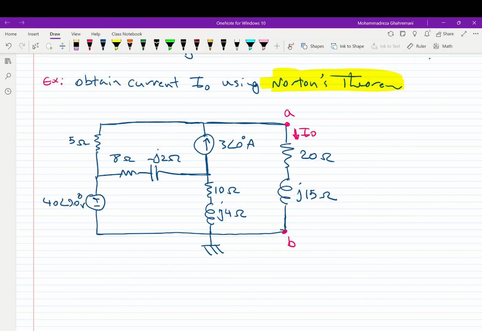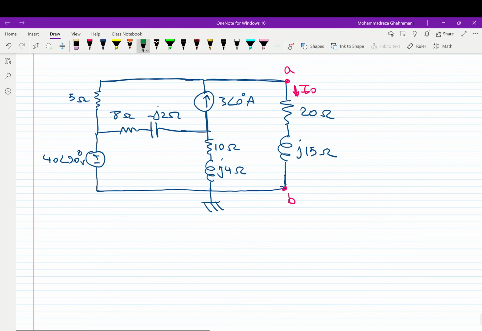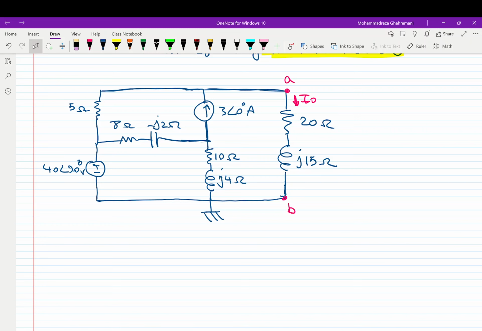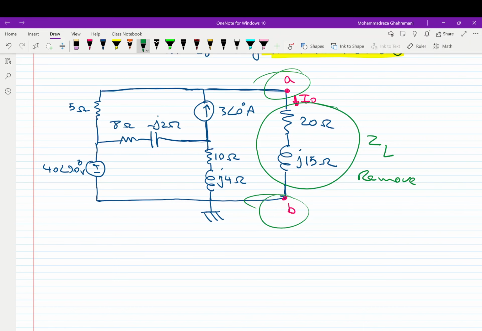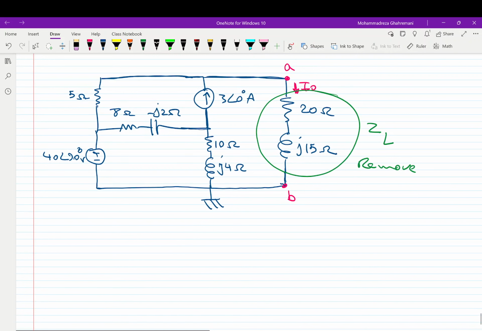But if the problem asks for a specific theorem or method, we have to move with that technique. Okay, first thing first, because it's the Norton equivalent, we need to consider these two as ZL, Z load, and remove them from the circuit. We remove them because we want to find the Norton equivalent from points A and B. There shouldn't be any load.